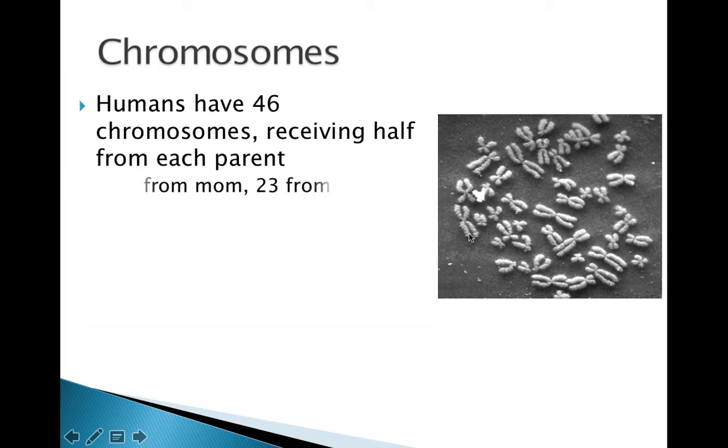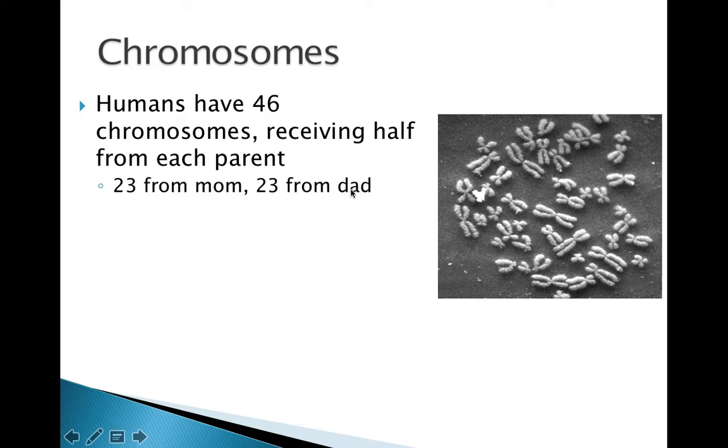So chromosomes. Humans have 46 chromosomes. That means that you got 23 chromosomes from your mom and 23 chromosomes from your dad when you were created, the moment of what we call fertilization. So in humans, an egg cell in a female will contain 23 chromosomes, and a sperm cell in a male will contain 23 chromosomes.